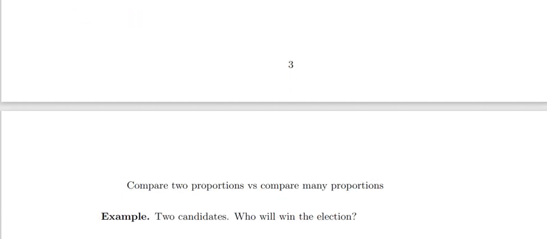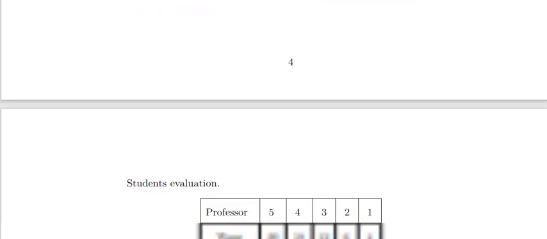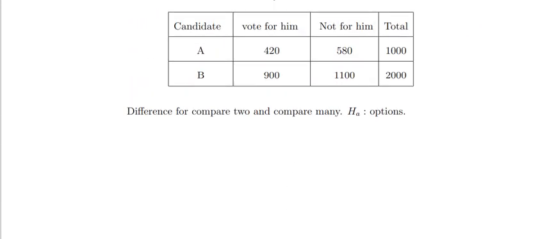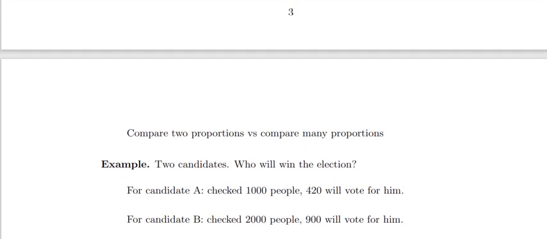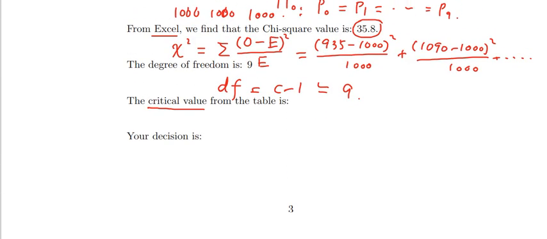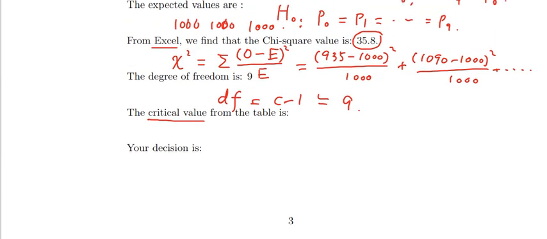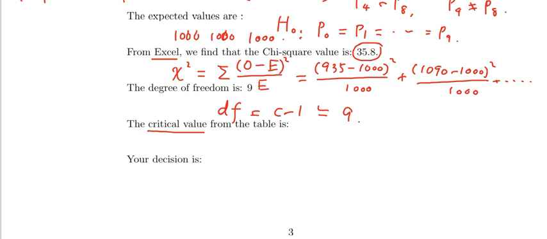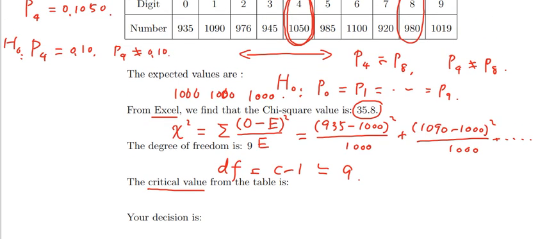So let's see. Oh, I need to check the chi-square table. I need to open another table. But anyway, I assume you can check the critical value, so I just leave this for you. The critical value depends on the degree of freedom and also on alpha, right?